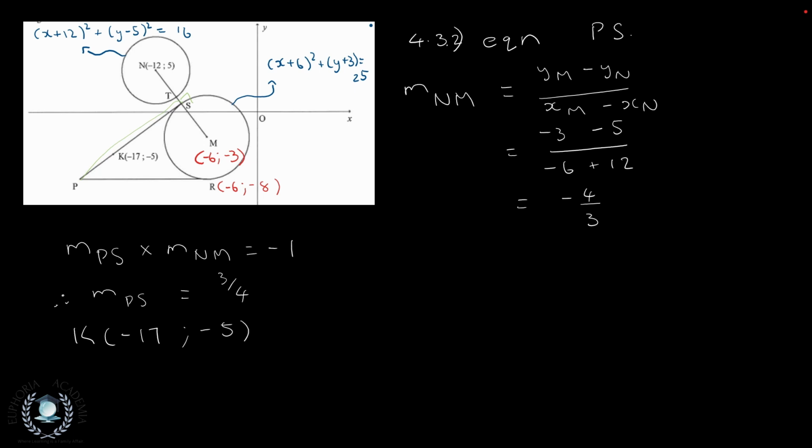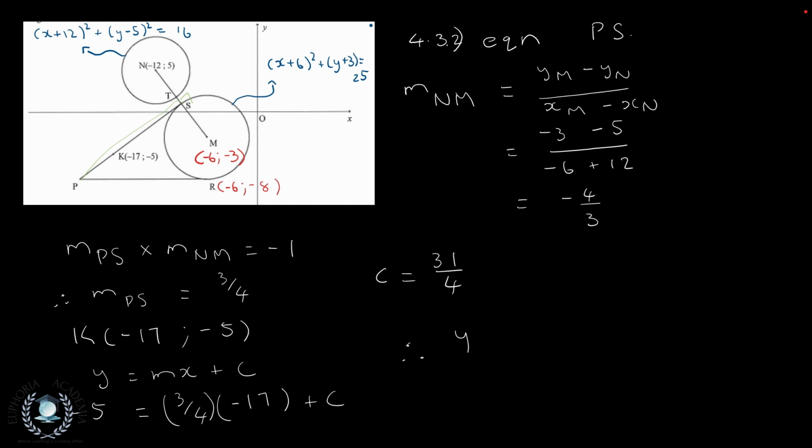The equation will be written as y is equal to mx plus c. We're just going to substitute in K. We're going to have minus 5 is equal to m, which was 3 over 4, multiplied by our x of minus 17, plus c, and we're going to see, no pun intended, that c is equal to 31 over 4.